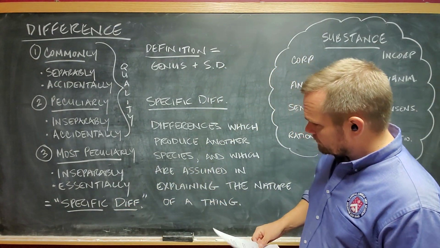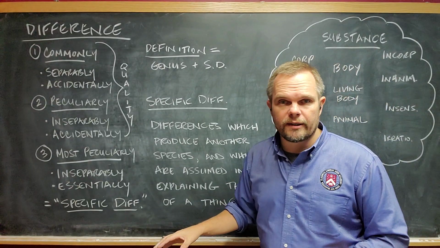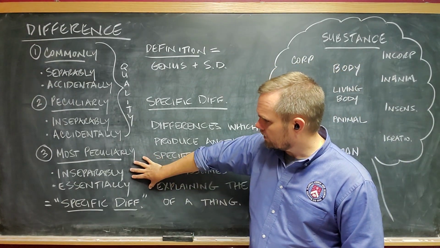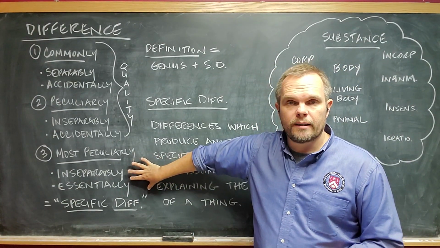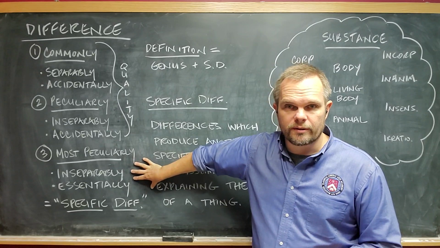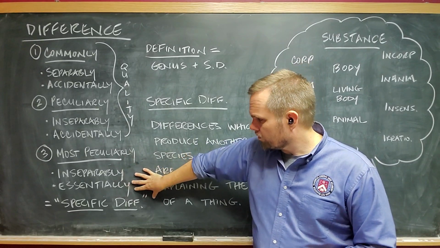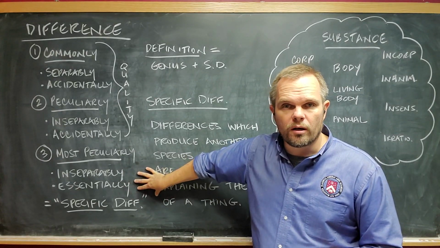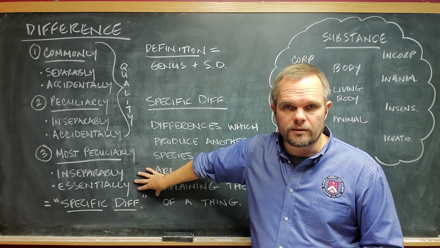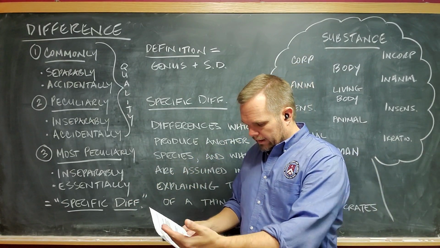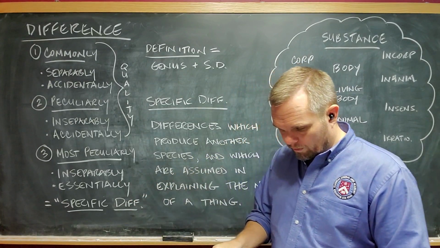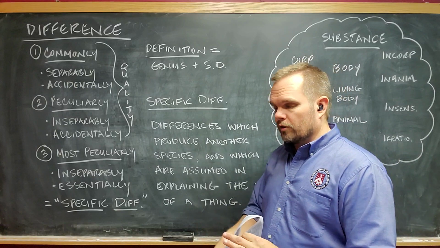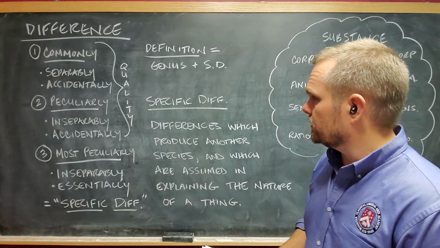So, in our study of classical reasoning, this third use of the term is that which we're going to be interested in. Okay? It's a difference that actually causes two things to belong to different species. That's what Porphyry explains in the first part of lesson 3.